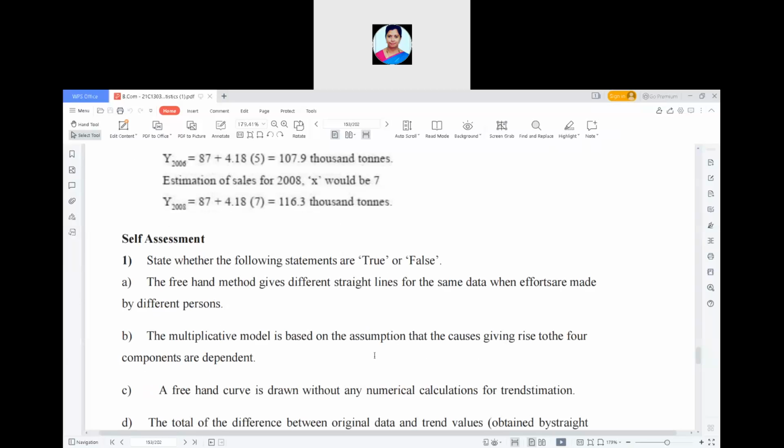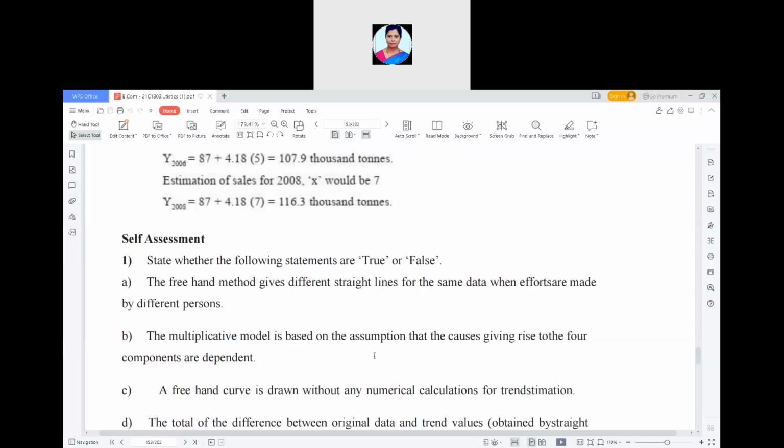The freehand method gives different straight lines for the same data when efforts are made by different persons. The multiplicative model is based on the assumption that the causes giving rise to the four components are dependent.